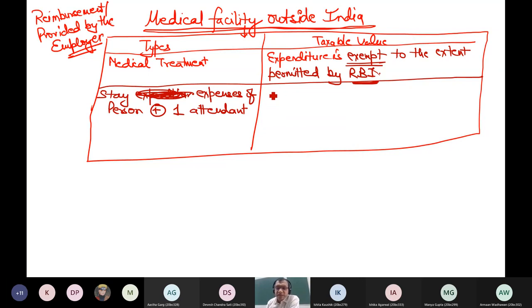Of course, here also RBI comes into the picture because foreign exchange is required. Then the expenditure reimbursed, I should say, the amount of expenditure which has been reimbursed by the employer, is exempt, but not 100%. Expenditure reimbursed is exempt to the extent permitted by RBI.